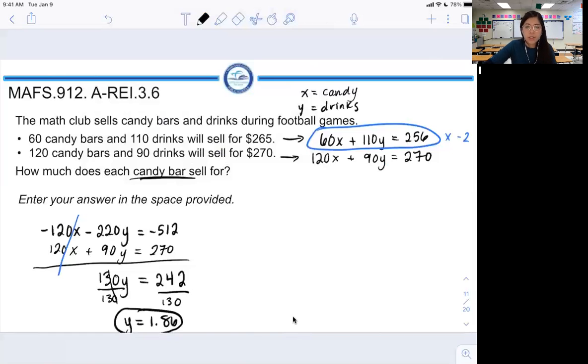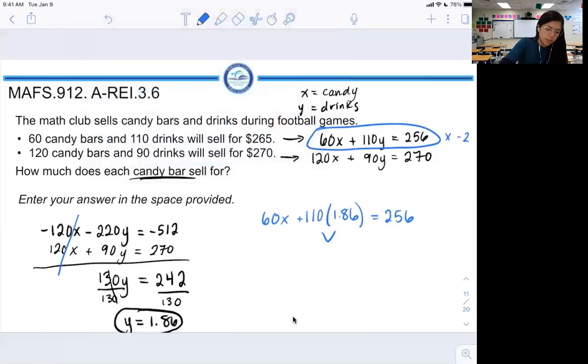So I know that the cost for drinks is $1.86. And now what I can do is plug that back into one of the original equations. So let's plug it into the original top equation. So 60x plus 110y, but I know y is 1.86, equals 256. 110 times 1.86 is 204.6. Oops, my bad. 110 times 1.86 is 204.8. Okay, so 60x plus 204.8 equals 256.